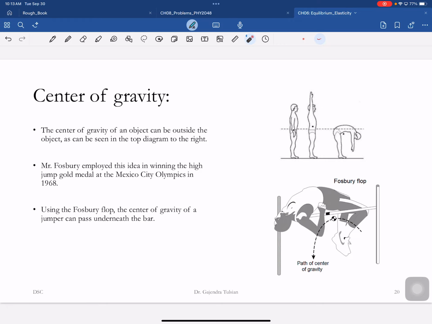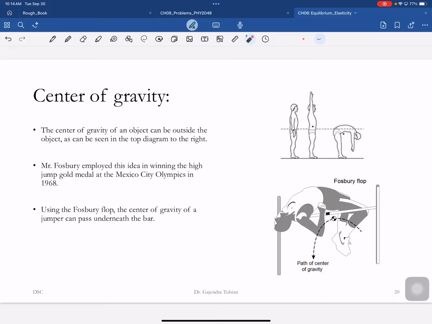All right, so when you're standing straight up, there's your center of mass, and there's your center of mass. Why is this center of mass higher than this center of mass? Yeah, because you've extended your arm, there's more mass distributed, so that's why the center of gravity went there.